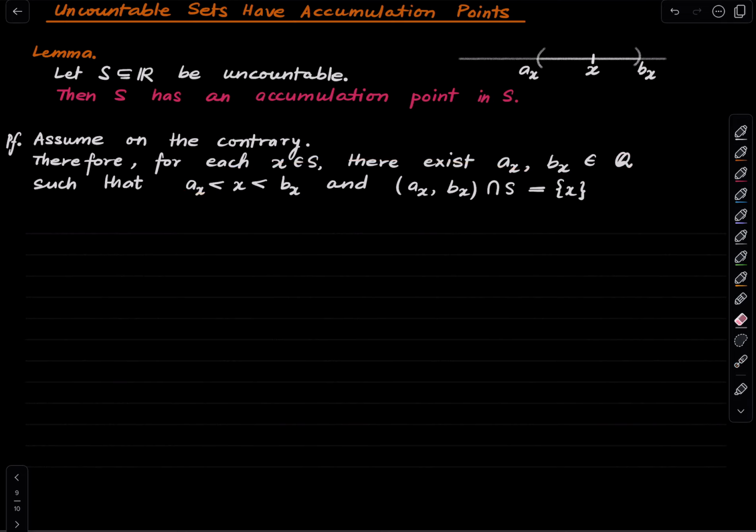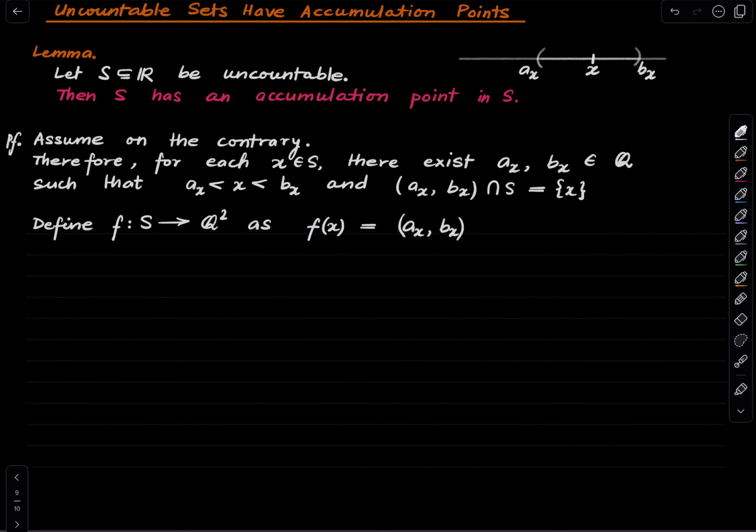Okay? So we have that, and now define the map. So define a map F from S to Q square as F of x is (ax, bx), and this is going to be very confusing.